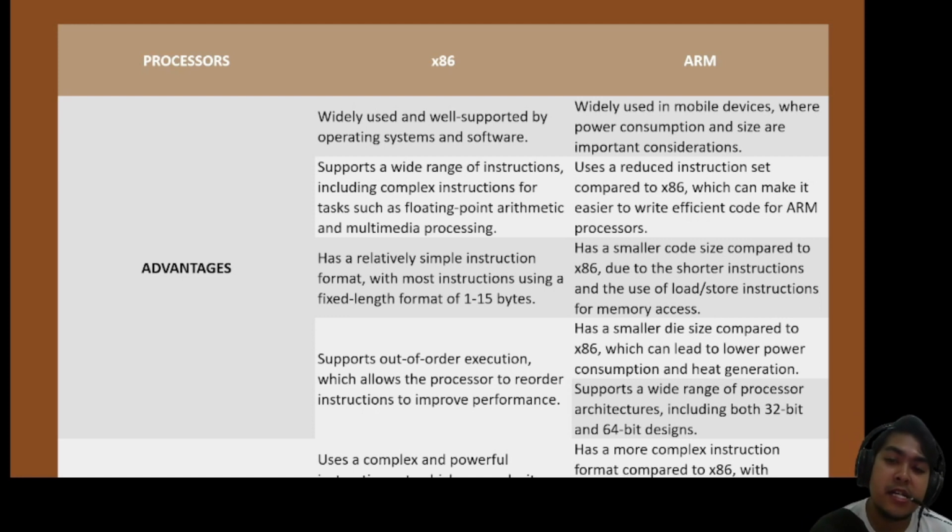ARM has a smaller die size compared to X86, which can lead to lower power consumption and heat generation. Lastly, ARM supports a wide range of processor architectures, including both 32-bit and 64-bit designs.